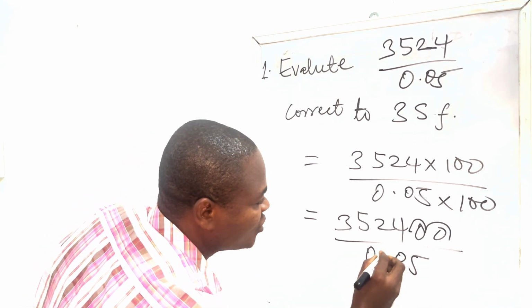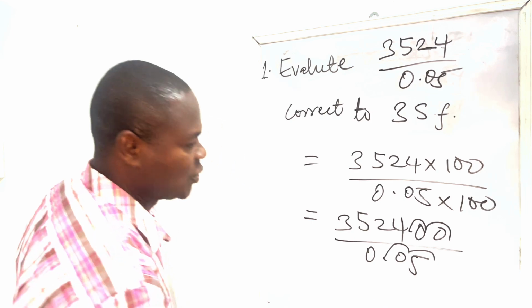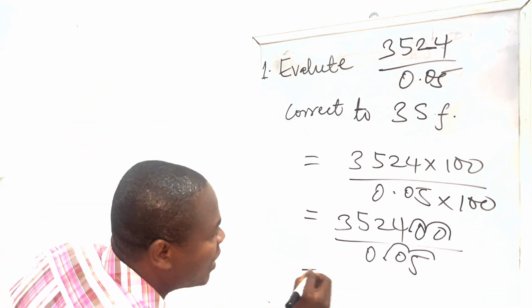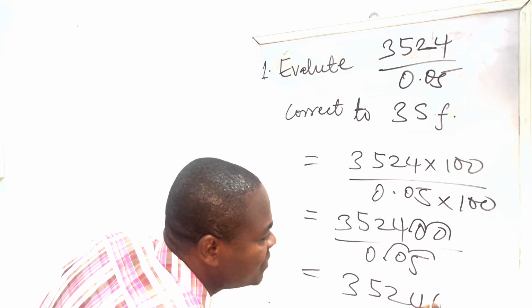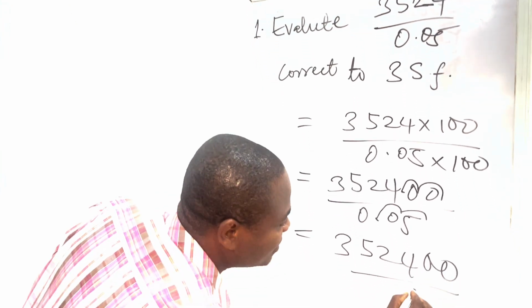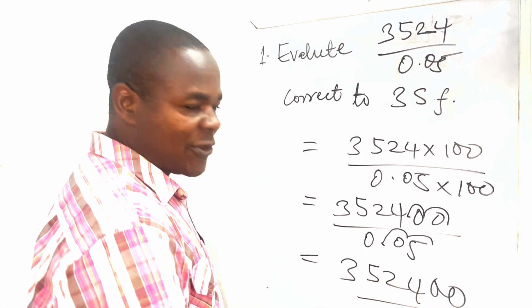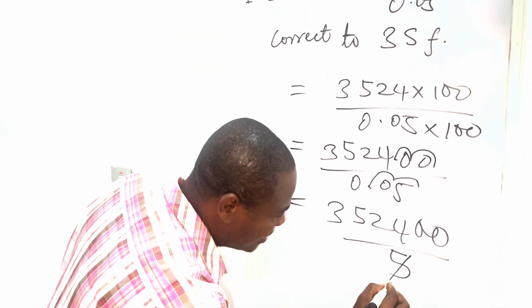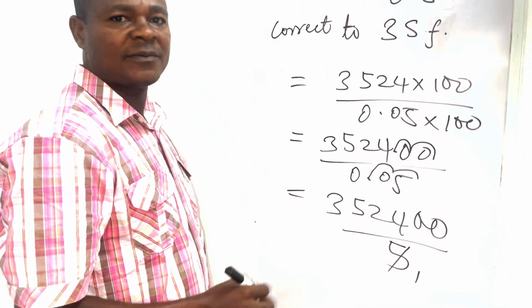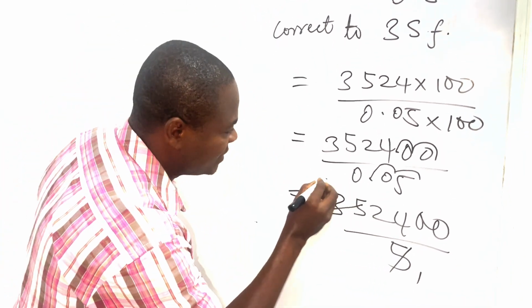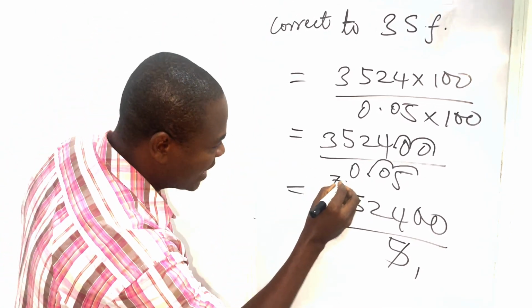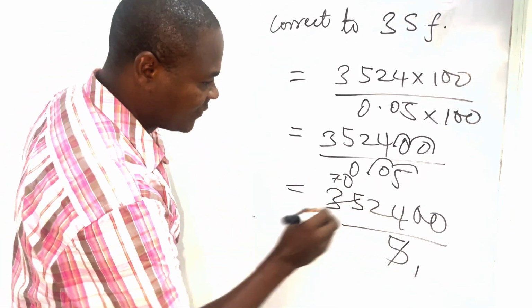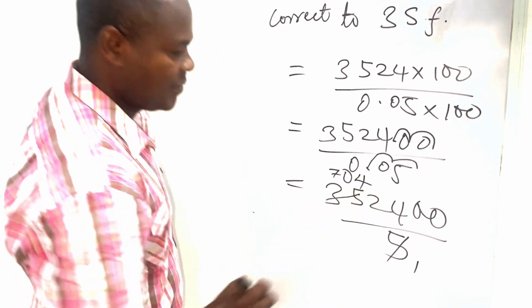multiplied by 100, I just move 2 places of decimal, and that will also give me a whole number 5. So I have essentially 352,400 all over what? 5. What can go here? 5 into 5 is 1. 5 into 35 is going to give you 7. 5 into 2 will not go, so I have 0. 5 into 24 will give me 4.